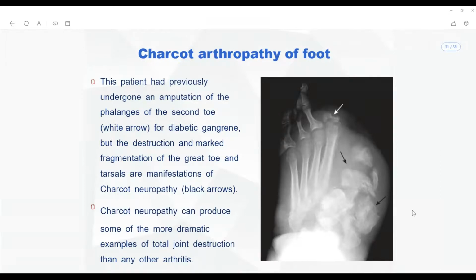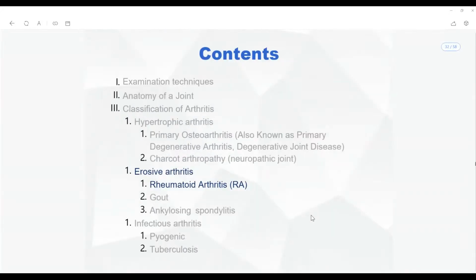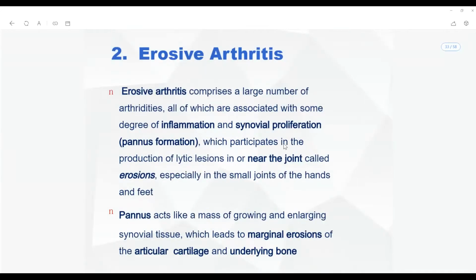Now we are going to talk about a particularly interesting condition called erosive arthritis, where there will be erosions along the subchondral cartilages, a condition in which rheumatoid arthritis is classified. Hypertrophic arthritis can be classified into clinical conditions: the first is primary degenerative osteoarthritis, and the second is Charcot arthropathy.